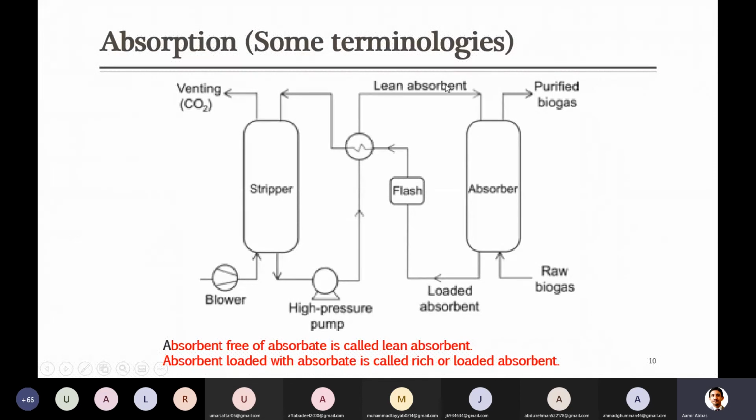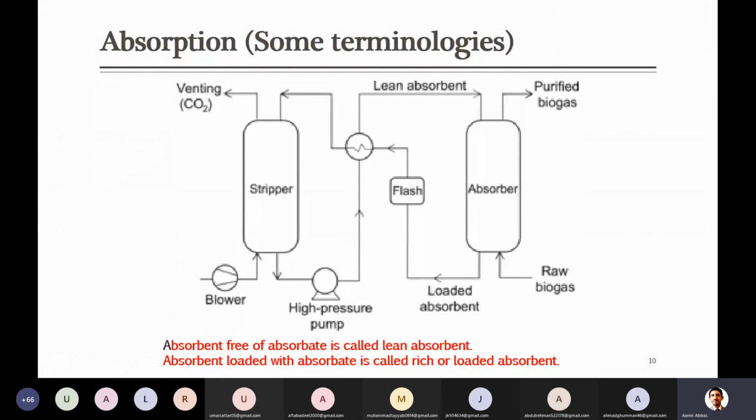You can consider it somehow as a fresh absorbent. That is not totally fresh. In absorber and stripper, they are not 100% recovered. All those species which were entering with the biogas will not definitely be removed 100%.